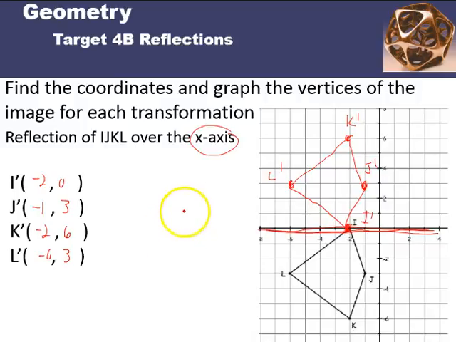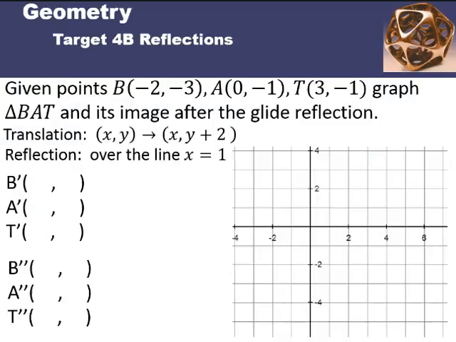And again, if you're reflecting over the x-axis, here was my point K, that was negative 2, negative 6. And here it's negative 2, positive 6. So just the y value changes sign. But counting is, again, the easiest way.